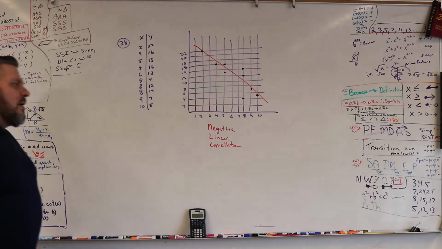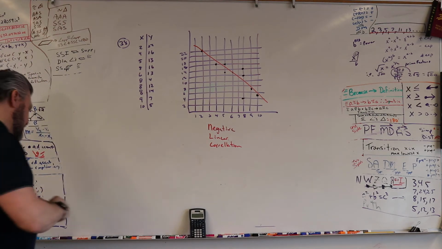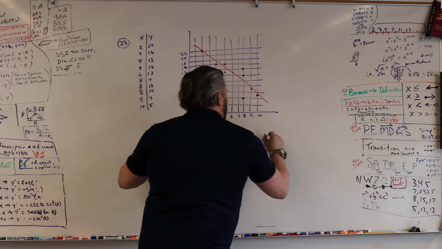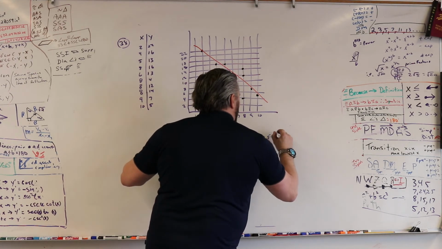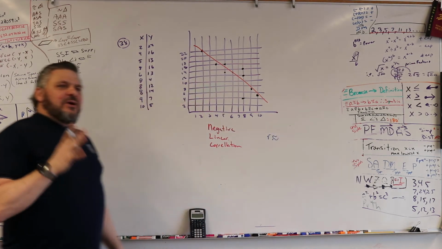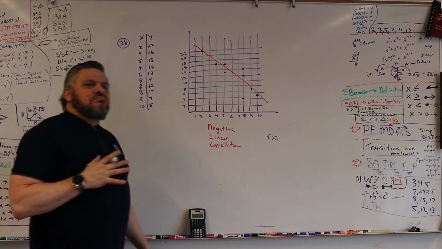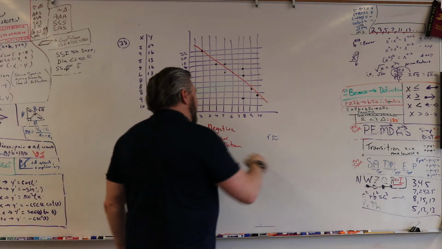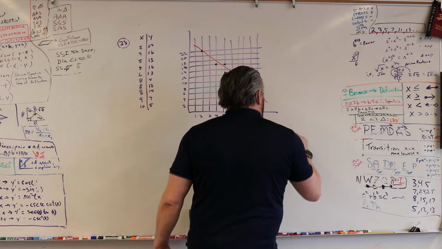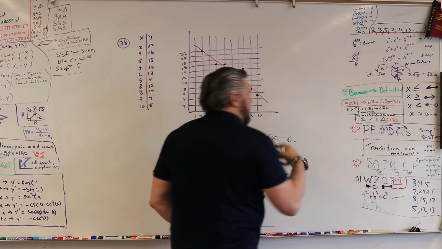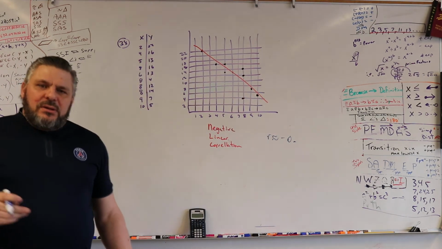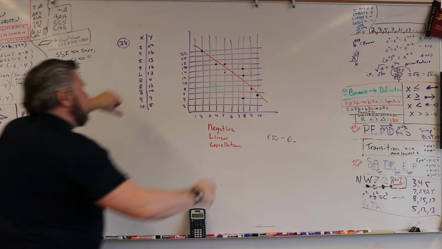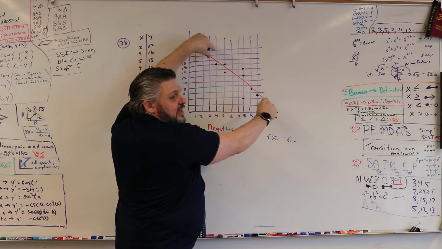Now, for extra credit, what is the R value, approximately? First of all, is it positive or negative? Negative. The R value would be negative. And it's always 0 point something. So is this really close to a line, or is it a little thicker than a line?